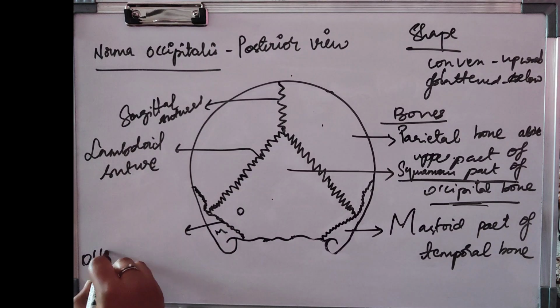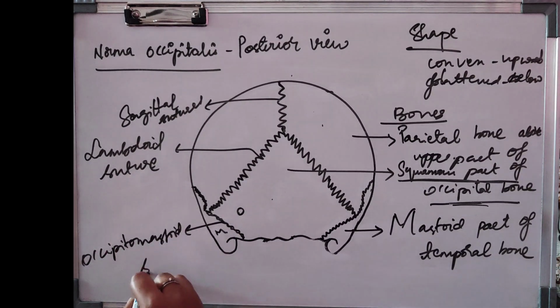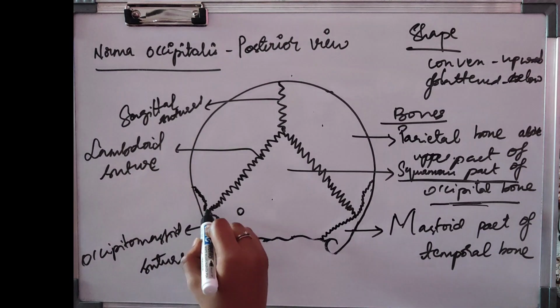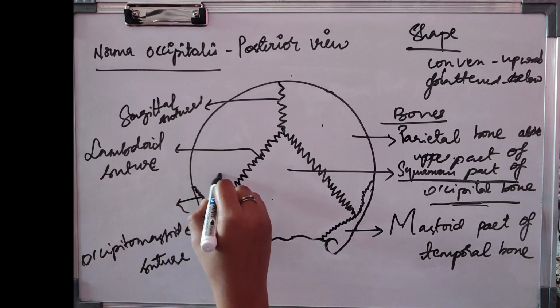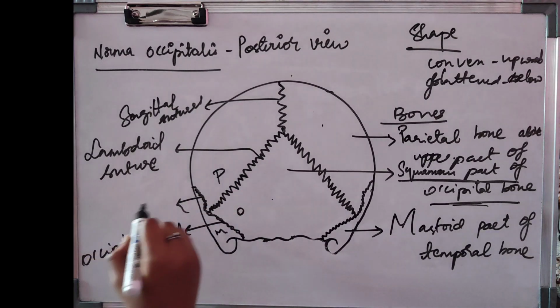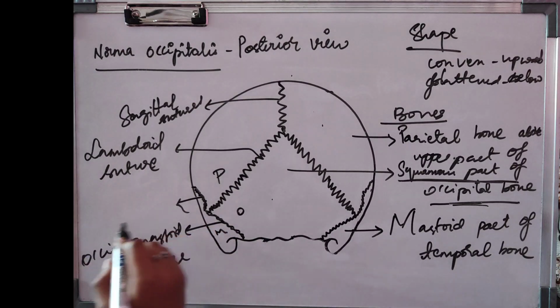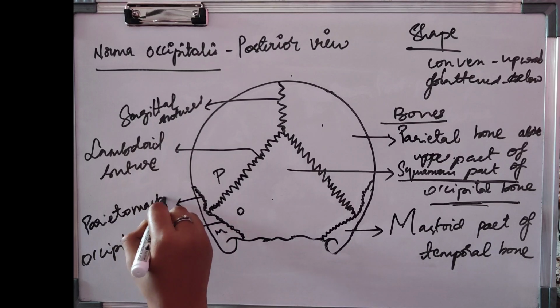So this is the occipito-mastoid suture. And one more suture is present between the parietal bone and the mastoid part of the temporal bone. This is known as parieto-mastoid suture.